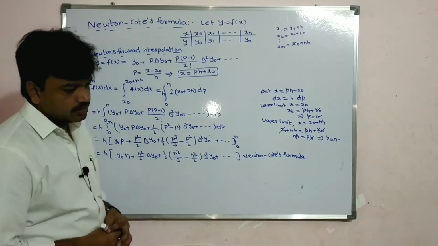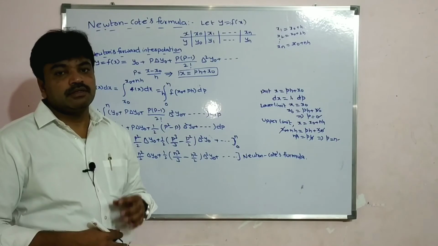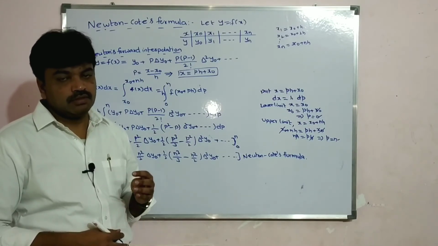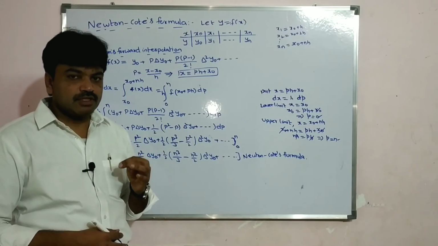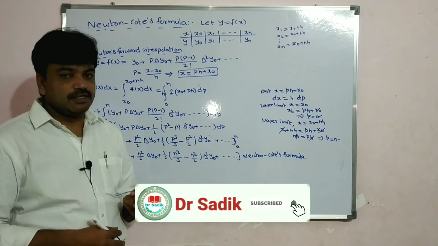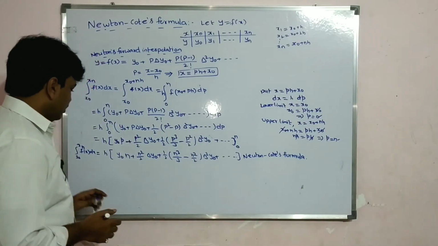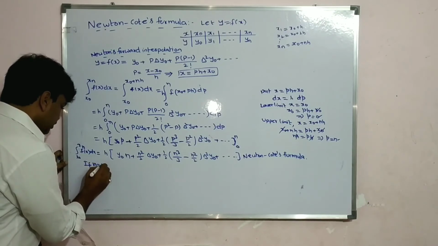Initially I told you, from this formula we get trapezoidal rule, Simpson 1/3 rule, Simpson 3/8 rule, and Weddle's rule.